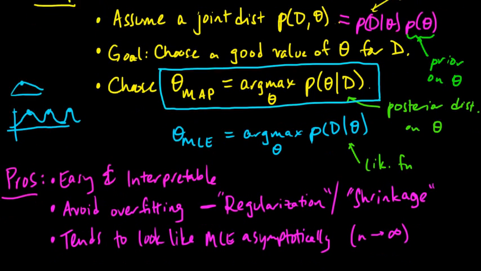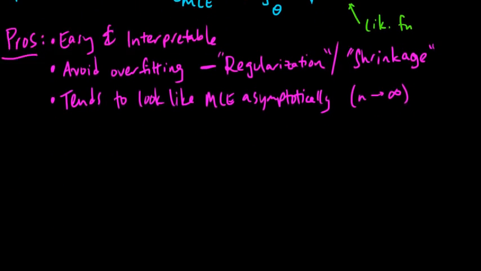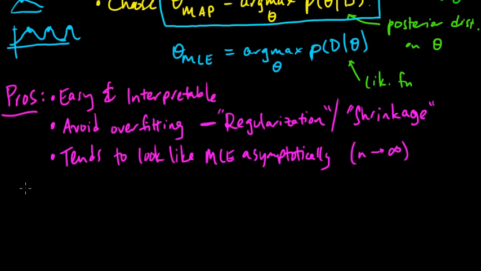So that's a nice thing. But it's not better than the MLE in that respect, because this is just relative to the MLE. Okay, so those are some pros, now some cons of MAP estimates, some disadvantages.